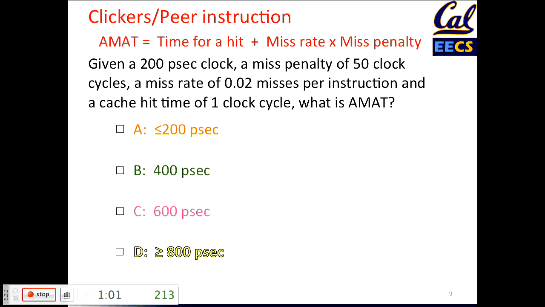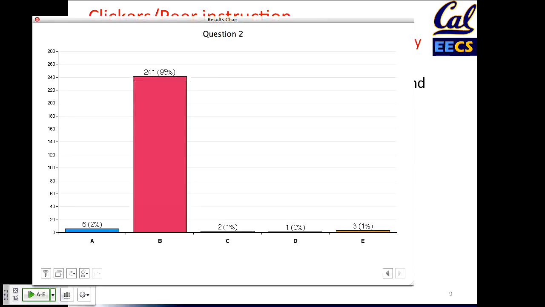Okay. Quick 5 seconds, get your vote in. Okay. Okay, we seem to have violent agreement here, and that is the right answer.